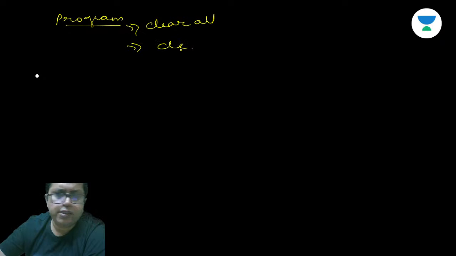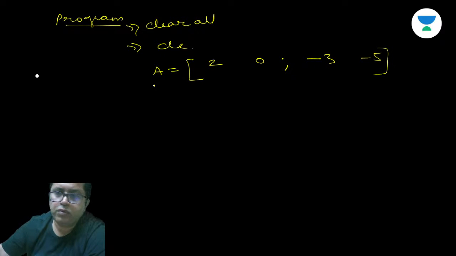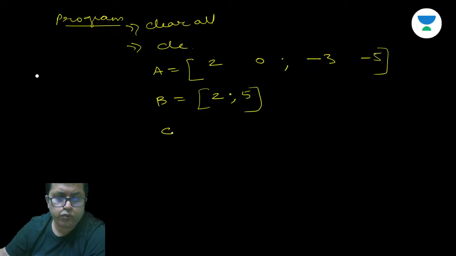What is the program? Clear all, CLC. Okay, A matrix, you can write down 2 0 minus 3 minus 5. B matrix is equal to 2 semicolon 5.